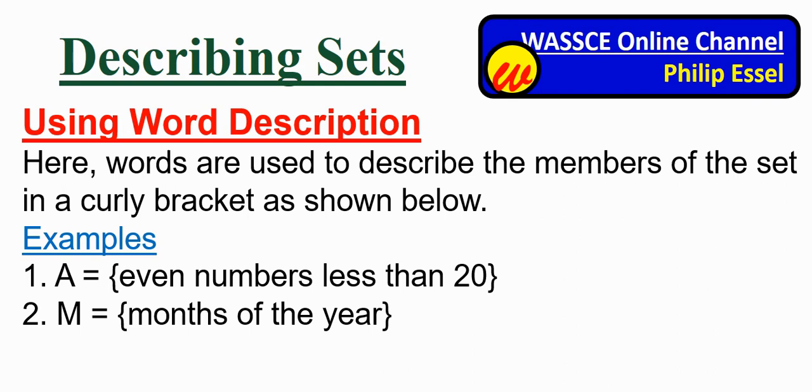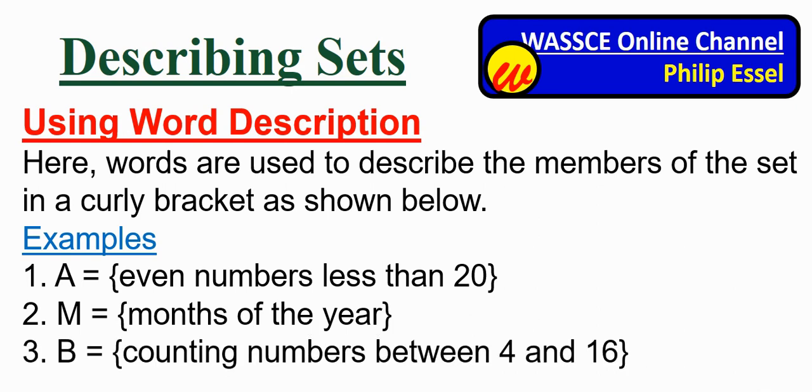Since we know the months of the year, January, February, March to December, we can convert this description method to the listing method, where we would list the individual months of the year within a curly bracket.